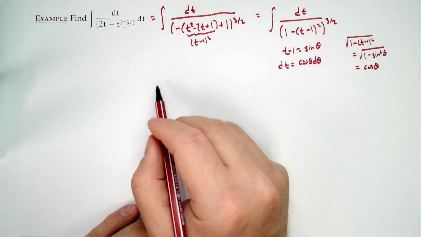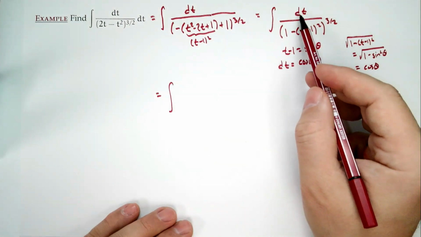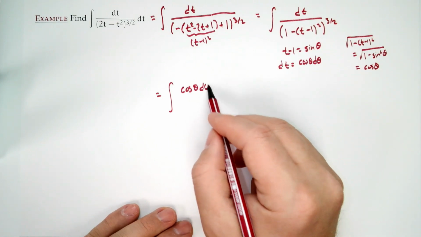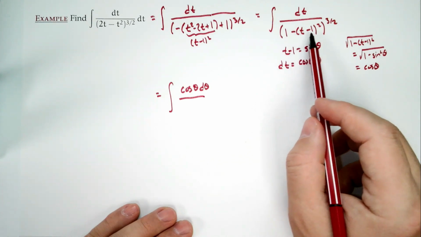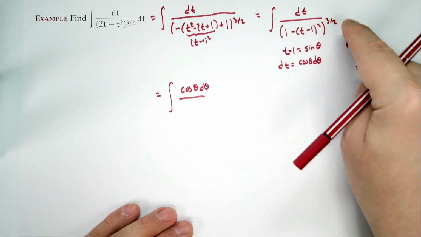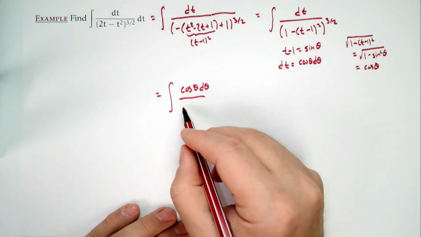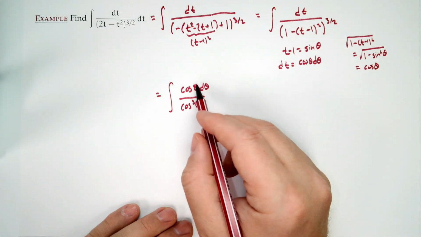So we now have that this is the following. The integral, the dt, becomes cosine theta d theta. That's easy enough. Downstairs, we have 1 minus t minus 1 squared to the 3/2. So that's like taking the square root cubed. So the square root is cosine. So what we have is cosine cubed. All right, well, that's not so bad.